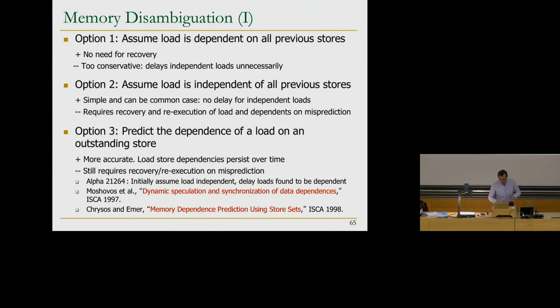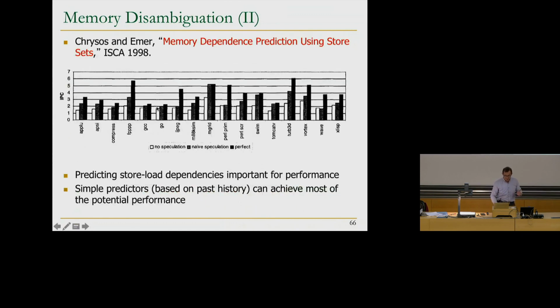Very quickly, this is showing the conservative approach, no speculation, the aggressive approach, and the perfect approach. This is performance on the y-axis, instructions per cycle, and these are some workloads that people used in the 1990s, as you can see. Some of them are interesting, like the Go benchmark. It plays Go. GCC is a compiler, and there is compression.